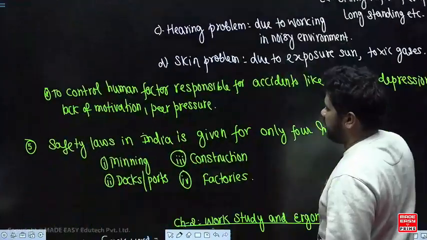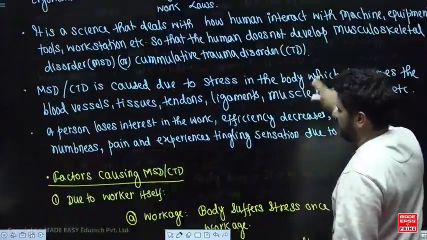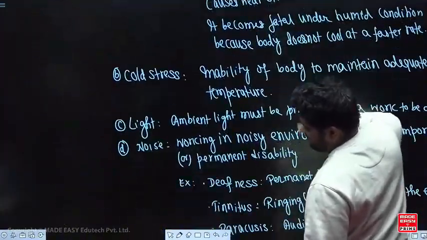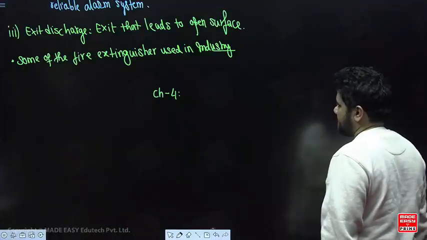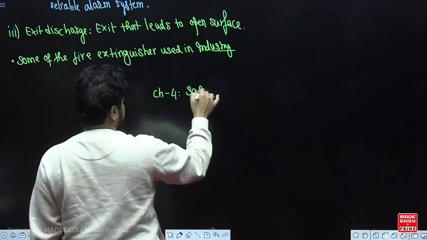So this was chapter number 1, chapter number 2 was work, chapter number 3 was fire safety, isn't it? Yeah, chapter number 4 है ये. Safety in industries.